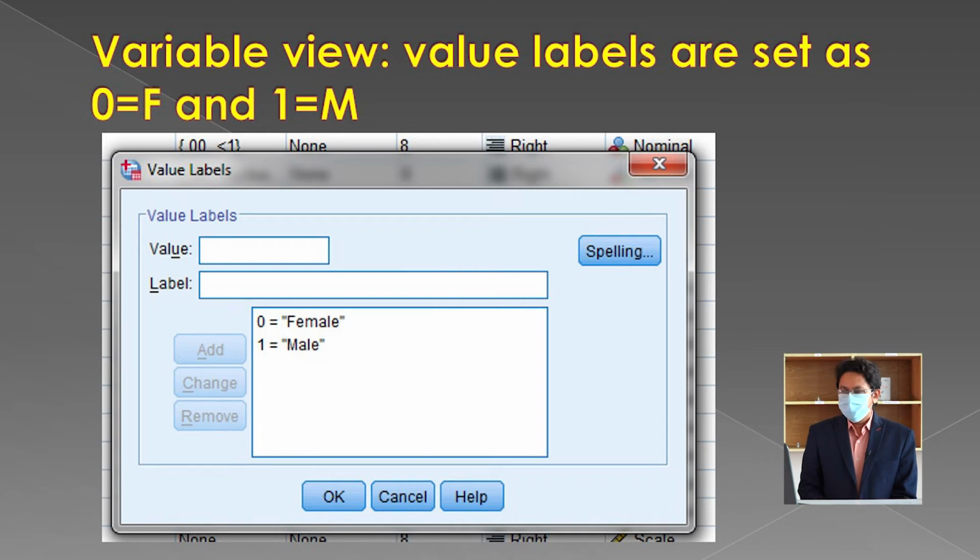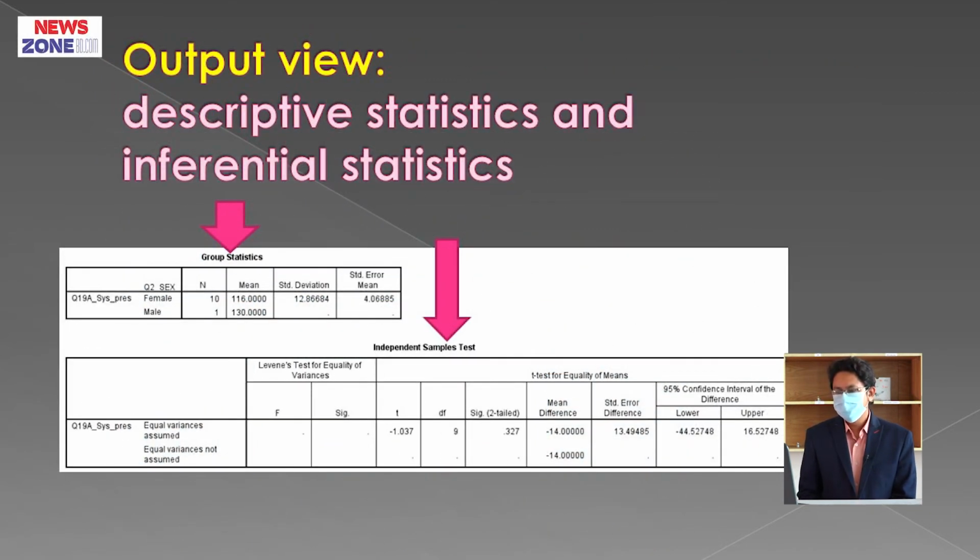Now, if we click on OK button, this result will come up in the output view. There are two tables. First of all, we see a table known as group statistics, that is for descriptive statistics, and another table, namely independent samples test, it is for inferential statistics.